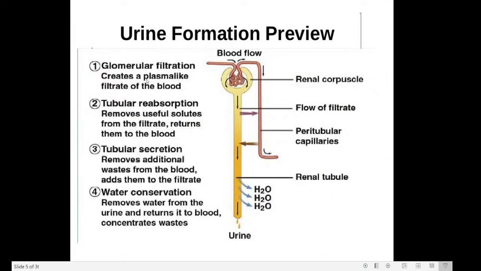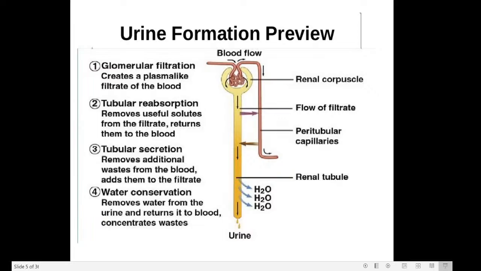So the first one is glomerular filtration, which produces a plasma-like filtrate. Then tubular reabsorption takes all the useful solutes from the filtrate and returns them to the blood. This favors our human body, because that plasma may contain useful things. The tubule collects the useful things and returns them to the blood.